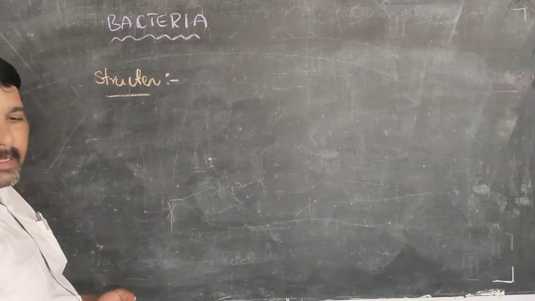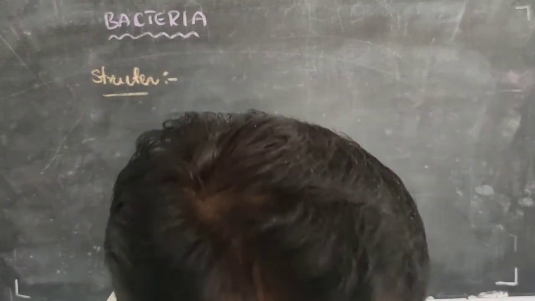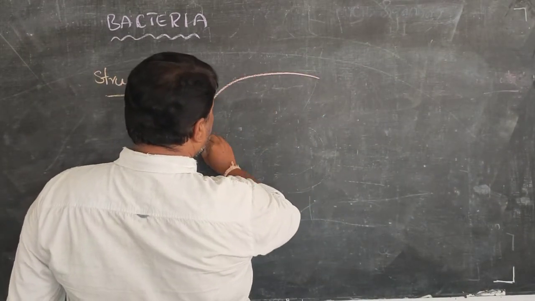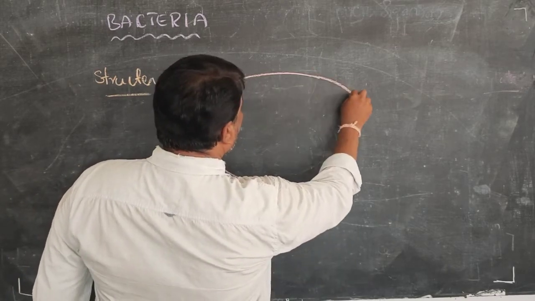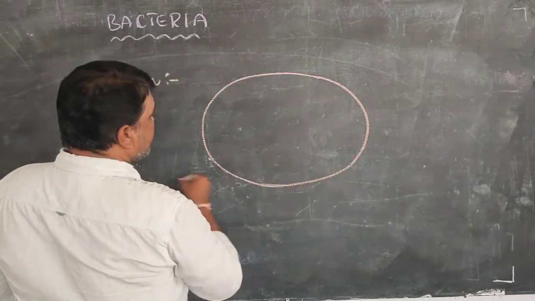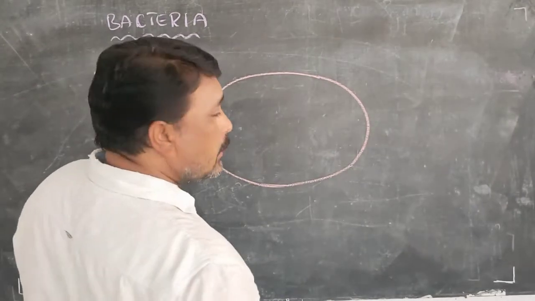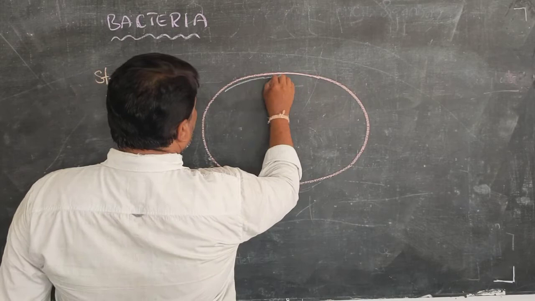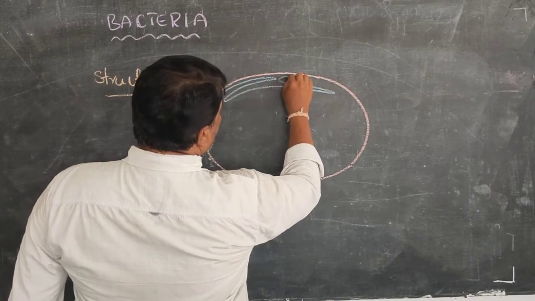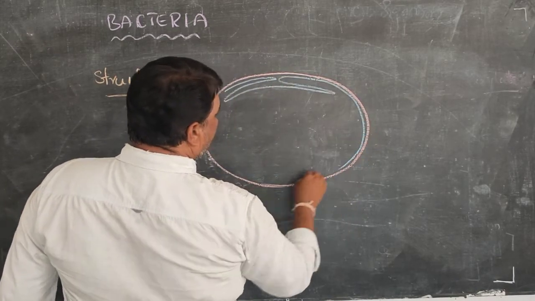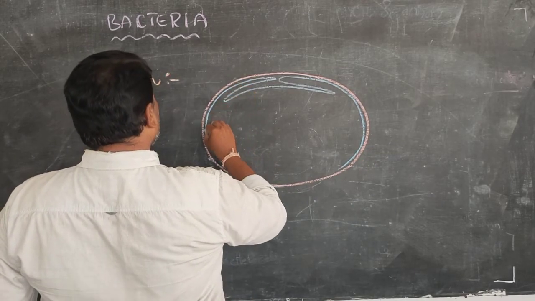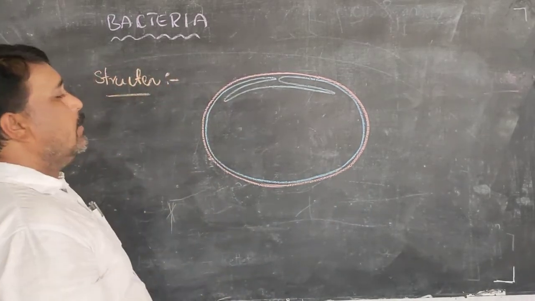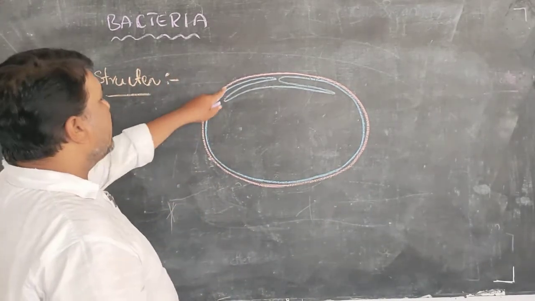The bacterial structure. Bacteria contain a cell wall. Below the cell wall, a layer is present. This type of layer is called mycoplasma.